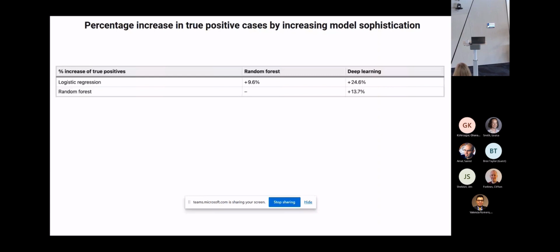We can see that compared to the random forest, we had like 9.6% more true positives. In the deep learning, 24.6% added, like improvement of 24.6%. For the random forest with deep learning, it was 13.7%.